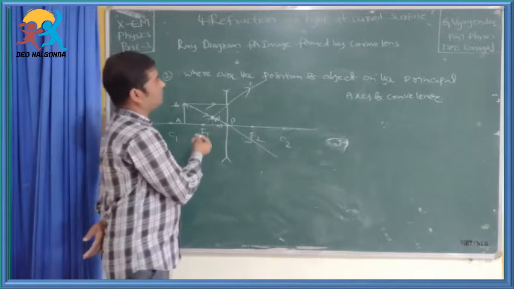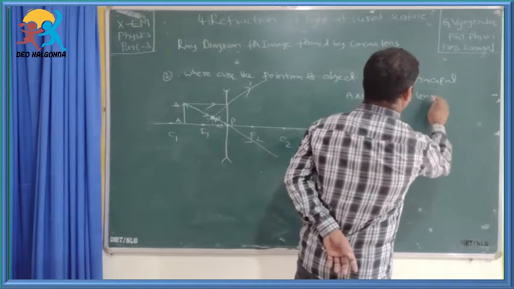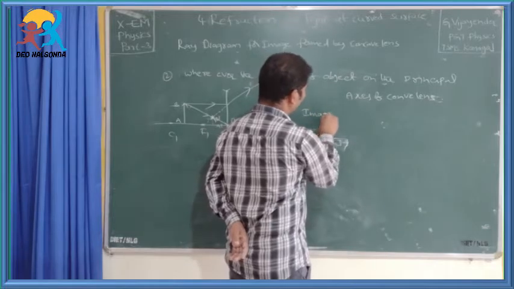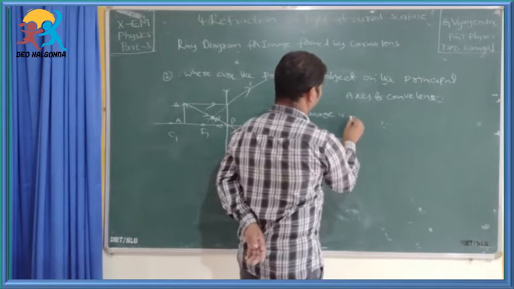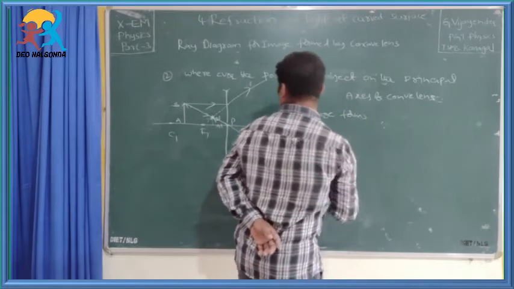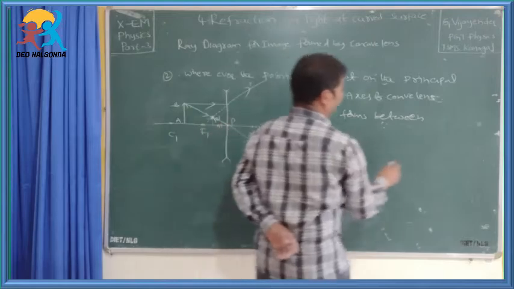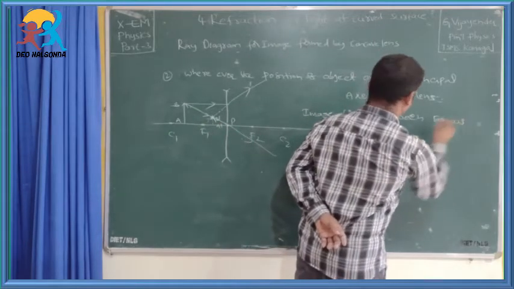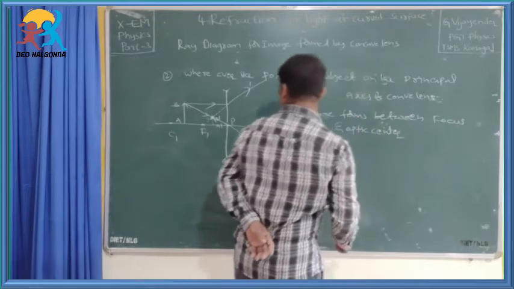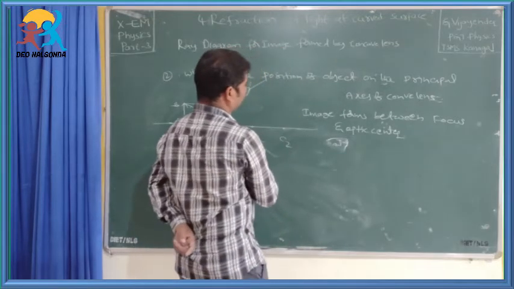So we can say directly, wherever the position of the object on the principal axis of the concave lens, the image forms between focus and optic center, and its nature is virtual and erect.